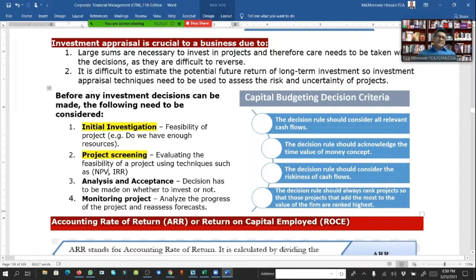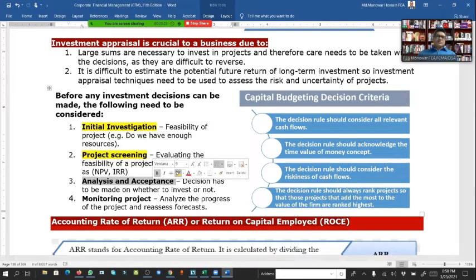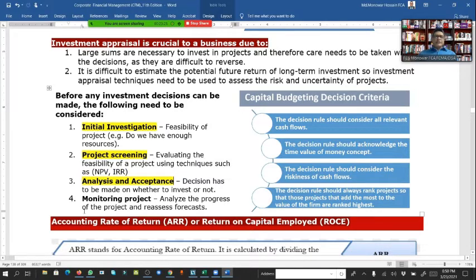After analyzing, we accept which project we will take, and then continue monitoring, which is another part of the project. If we have proper, good surveillance or monitoring, then the project would be viable and able to be completed.